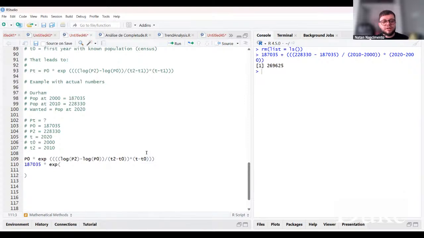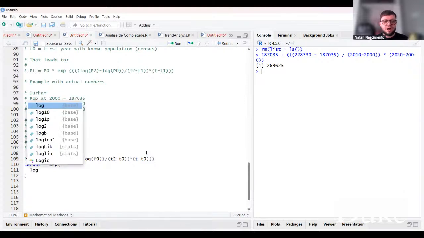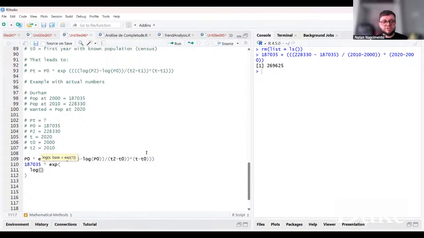So the first thing I need is the log of the 2010 population, 228,330, minus the log of the 2000 population, 187,035. And this must be done before it's divided.